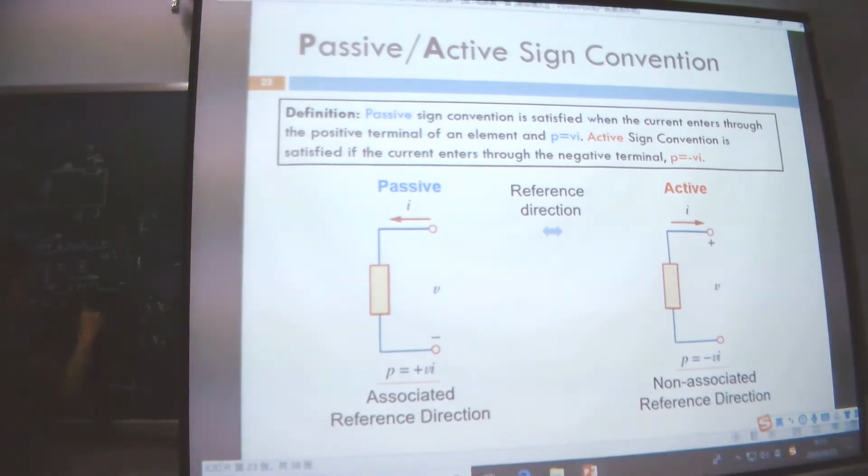And we also have capacitance. So we also assume a direction like this, positive, negative, and the reference direction of current goes in from the positive side to the negative. How about the active sign convention?